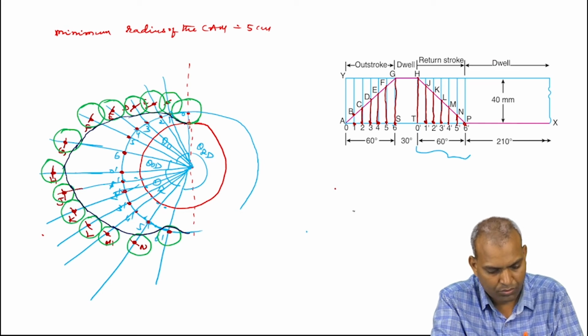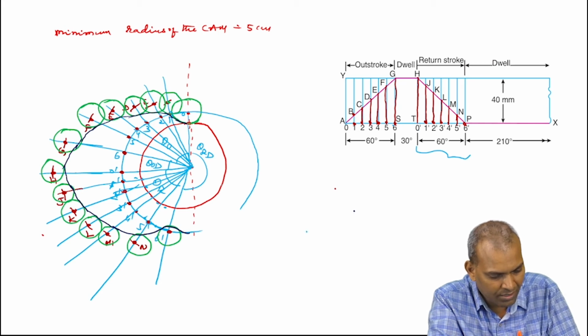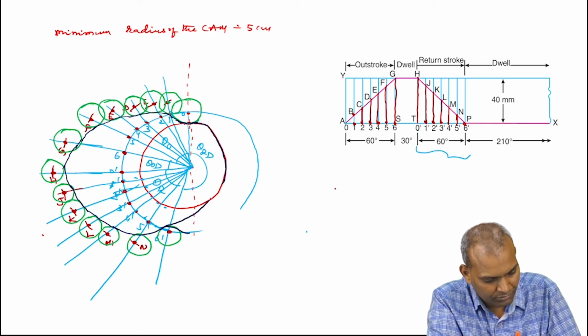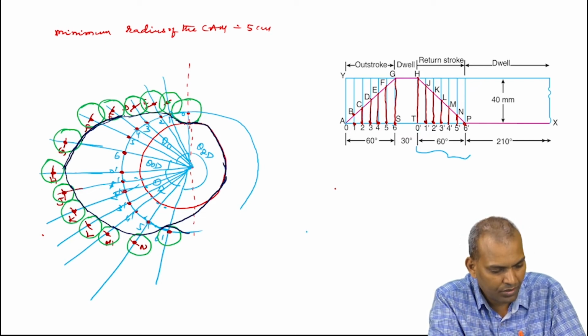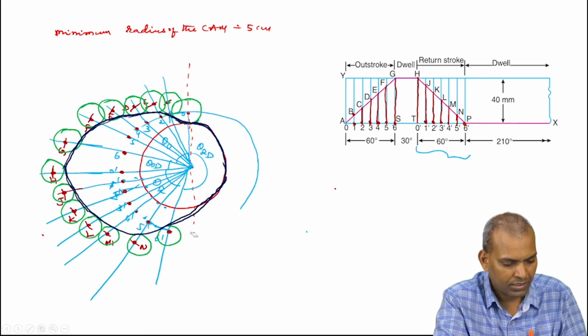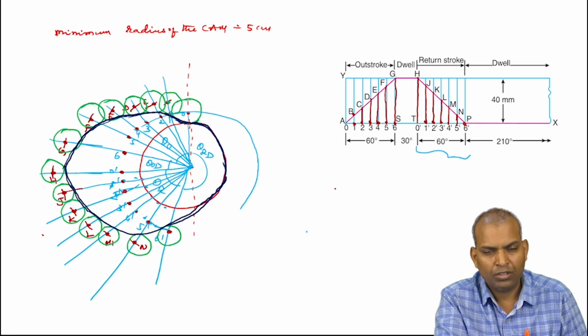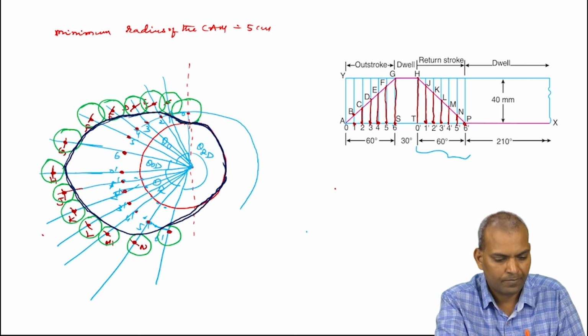Slowly it comes here and touches the base circle. This is the shape of the cam profile during outstroke and return stroke when the roller follower has uniform velocity during outstroke and return stroke.